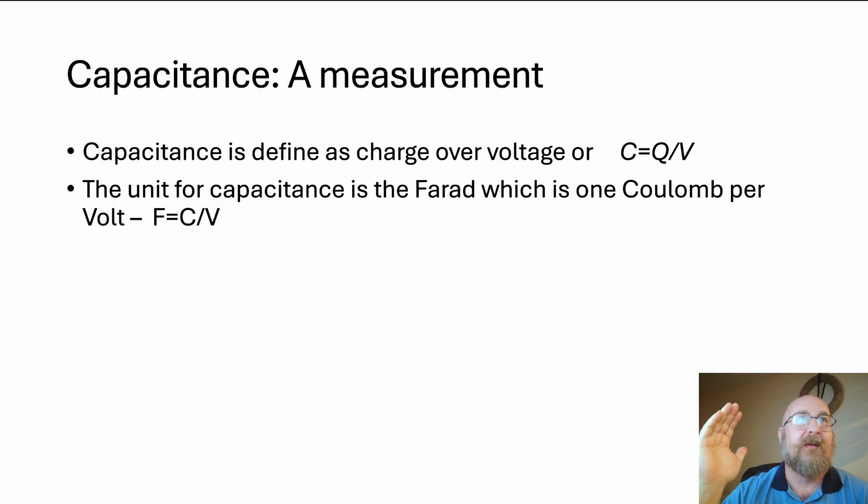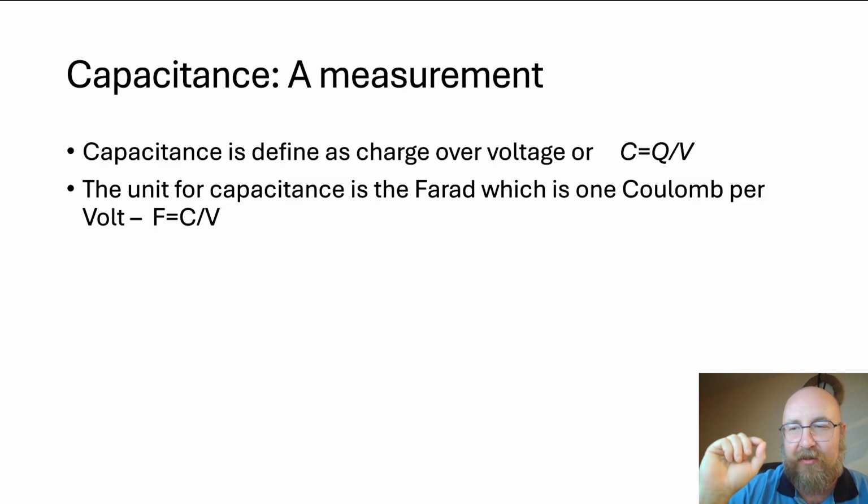So farad equals 1 coulomb per volt. Now, that is F-A-R-A-D. I didn't misspell that there. I had a student make a mistake once and call them ferrets, like the little weasel animals. Do not. Just do not. It is farad.